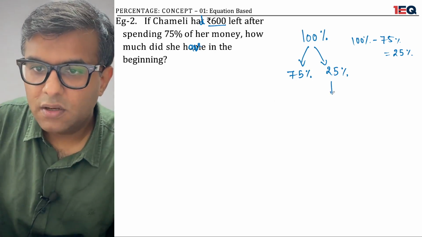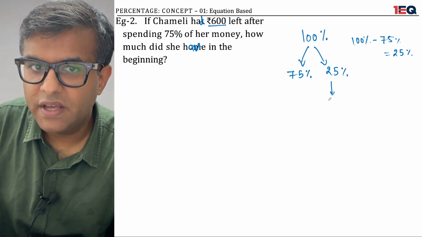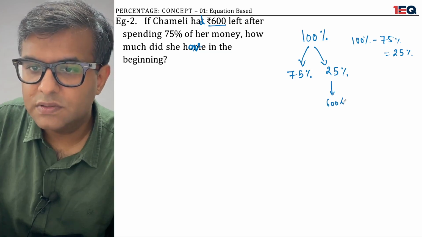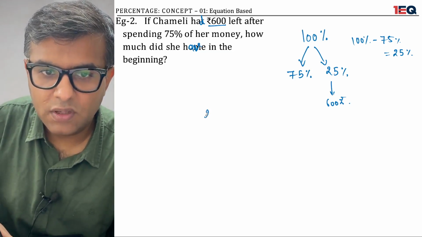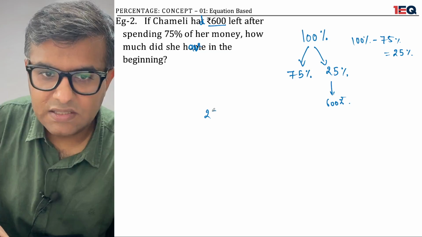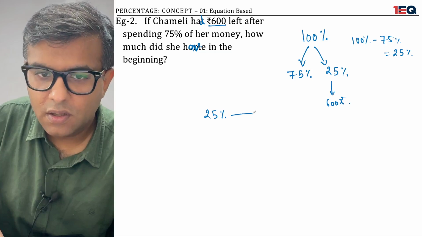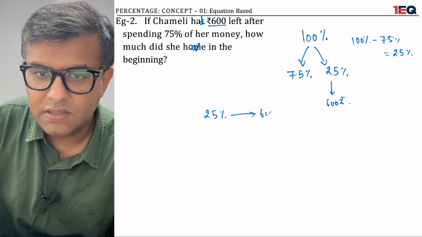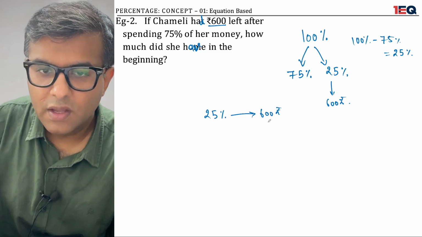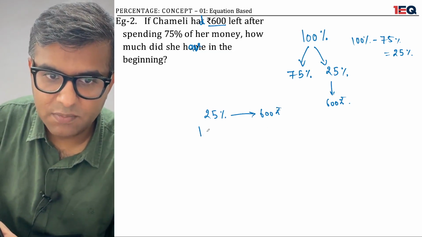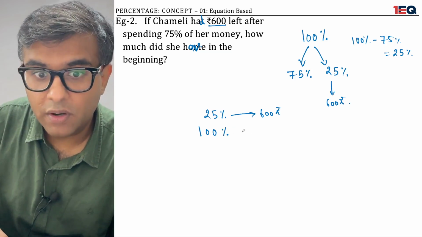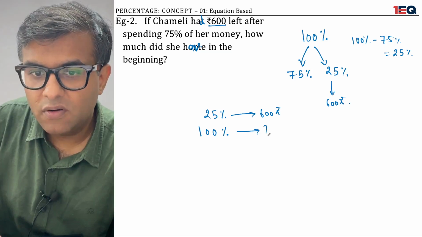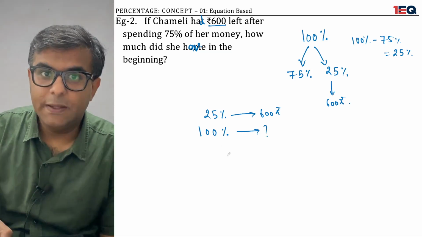According to the question, the value of 25% is 600 rupees. Okay. So I'm putting it down in the easiest form of unitary concept. If the value of 25% is equal to 600 rupees, and we, being the most optimistic people on the planet, have assumed that Chameli had 100% money in her pocket, so what would the value of 100% be?